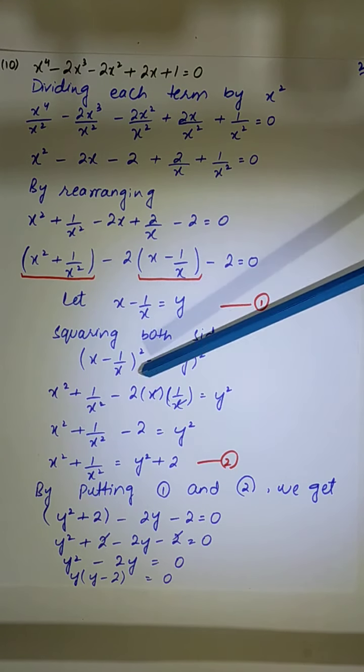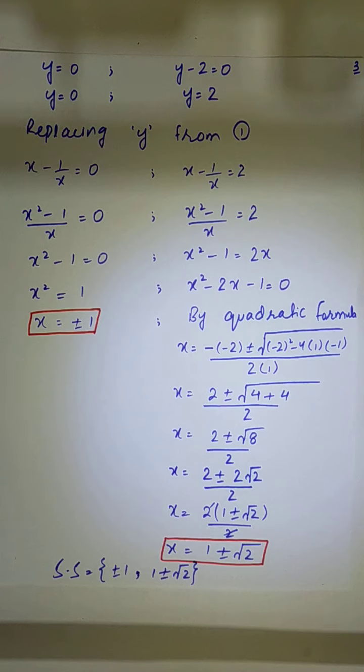Now these are not the answers of this question because we supposed x minus 1 by x equals y. We are not going to give the final answer as y, because as we supposed y was equal to x minus 1 by x, now we have to replace y with x minus 1 by x.